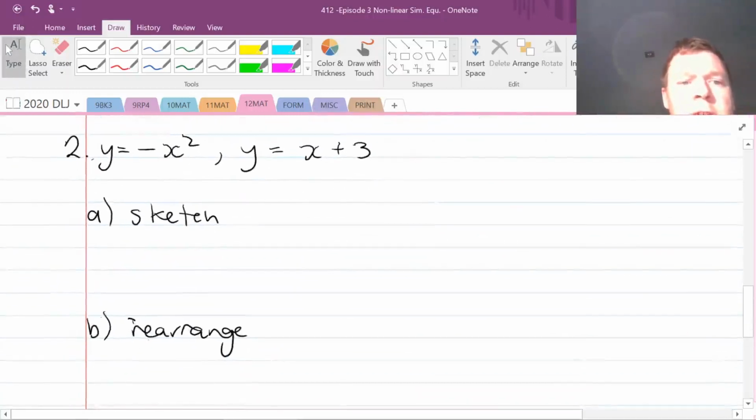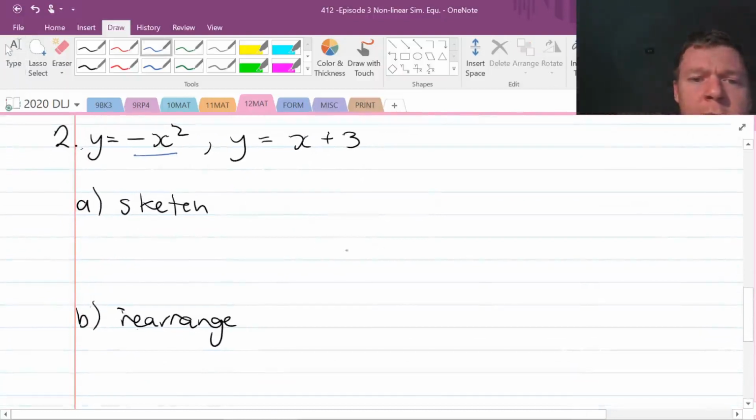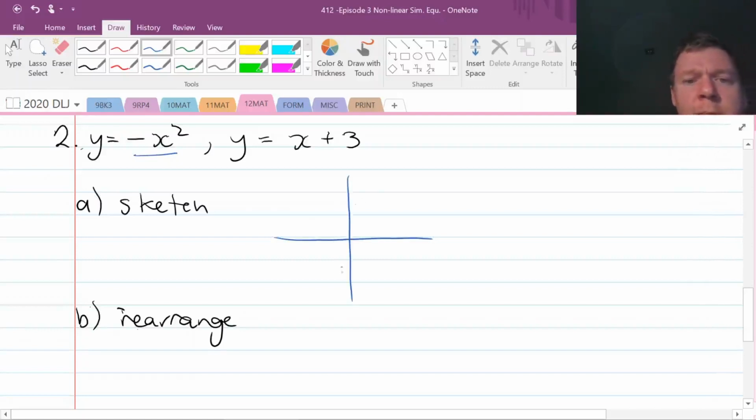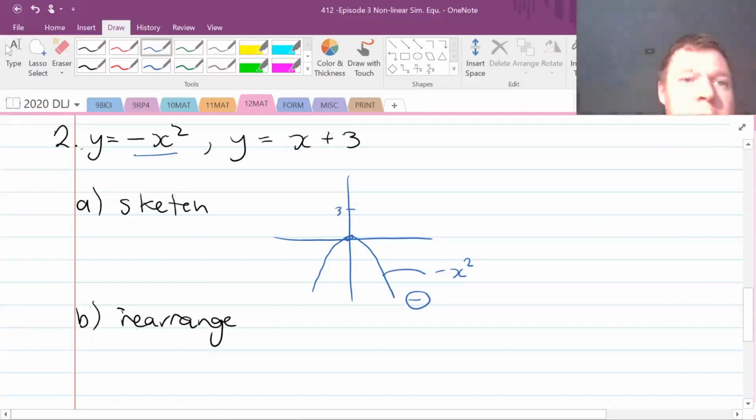Now, if I was to do a rough sketch, we've got a negative x squared, so I'm just going to do a rough one. Negative x squared finishes down, so this is a negative x squared, goes through the origin, and x plus 3 goes through the point 3, and will be a generally flat graph.